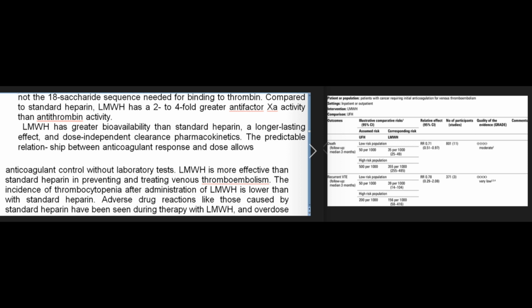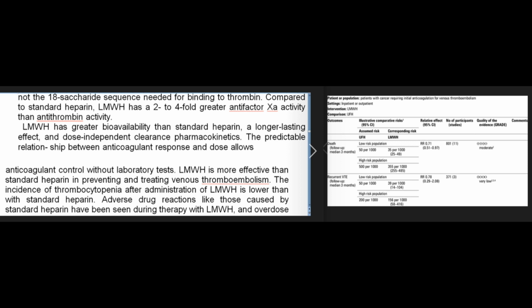Compared to standard heparin, LMWH has a 2 to 4-fold greater anti-factor Xa activity than antithrombin activity. LMWH has greater bioavailability than standard heparin, a longer lasting effect, and dose-independent clearance pharmacokinetics. The predictable relationship between anticoagulant response and dose allows anticoagulant control without laboratory tests.